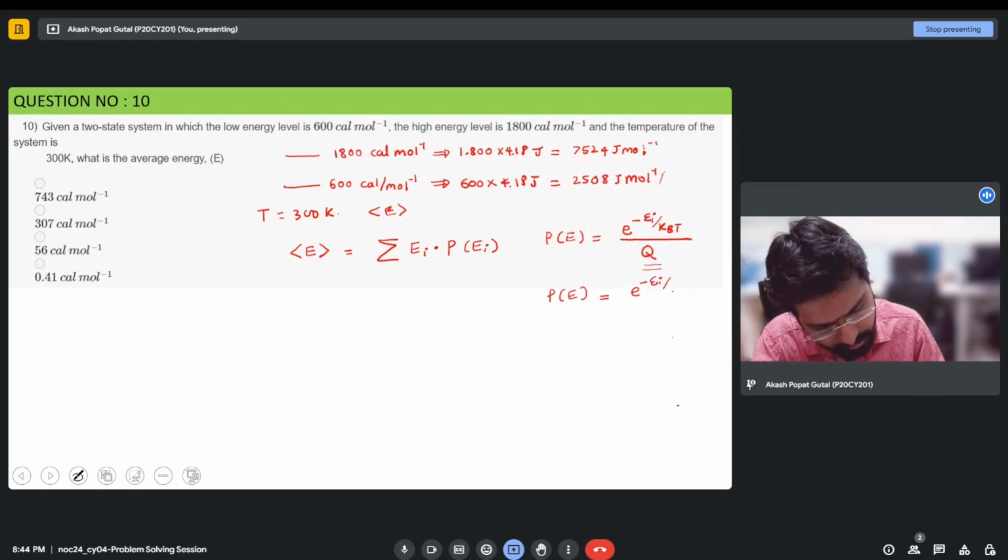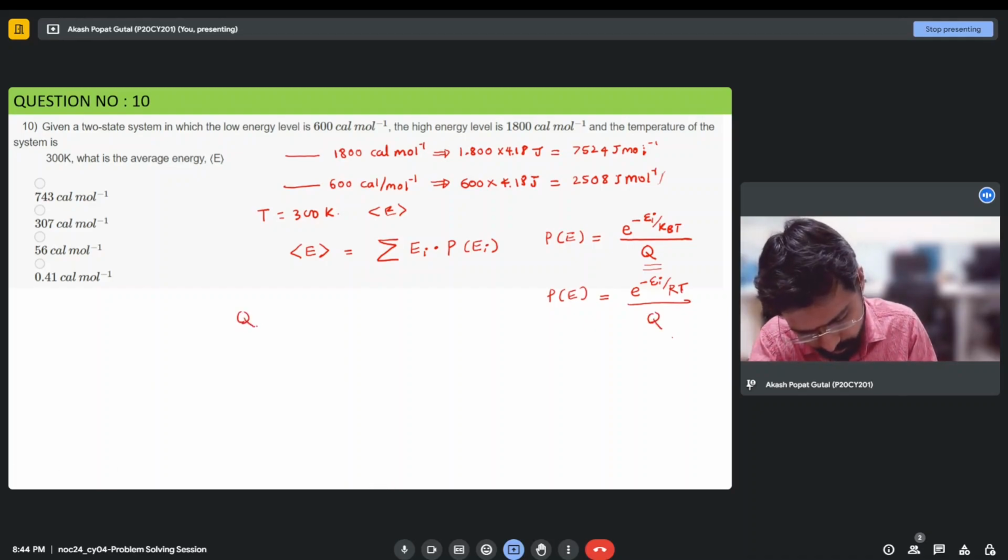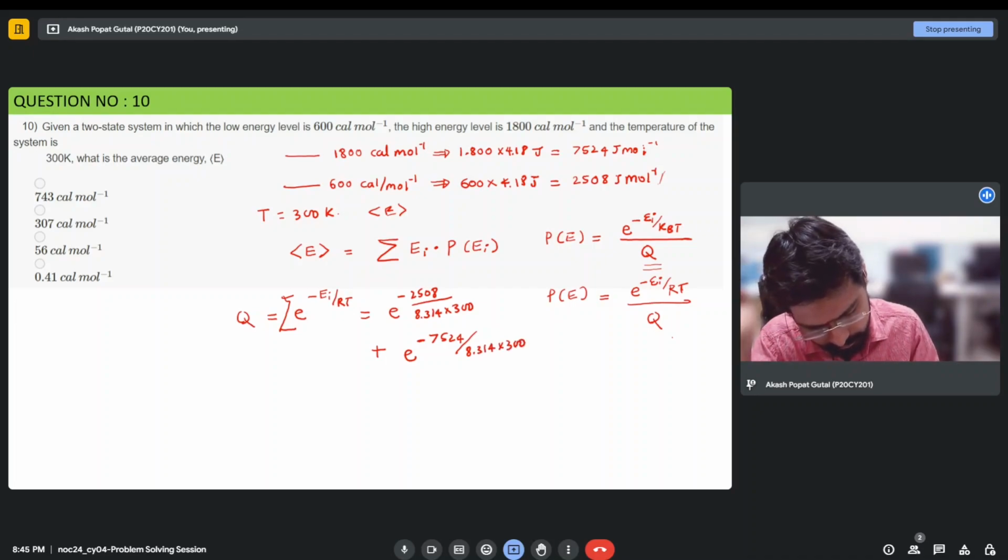So kB will convert into R, and the formula for Q will be the summation of e raised to minus Ei by RT, which is e raised to minus 2508 divided by 8.314 times 300 Kelvin, plus e raised to minus 7524 divided by 8.314 times 300 Kelvin.